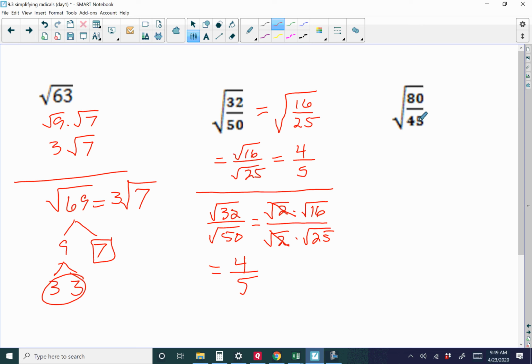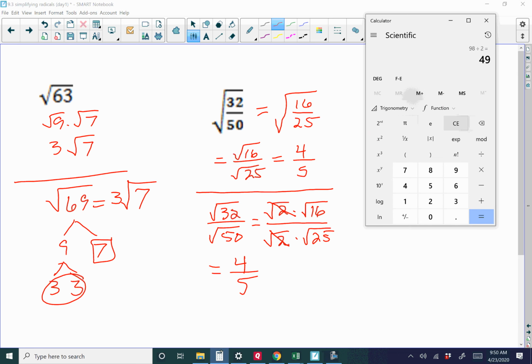Let's see. Square root of 80 over 45. We could do some reducing there. Each of those has a factor of 5 in it. What is 80 divided by 5? It's 16, right?